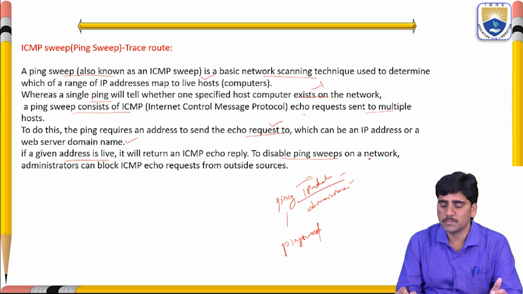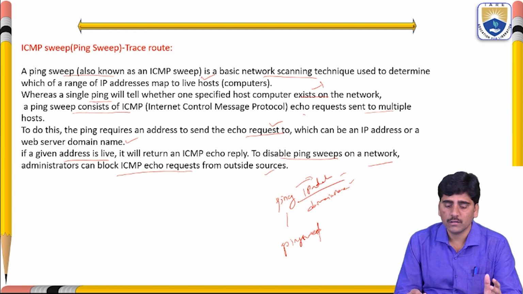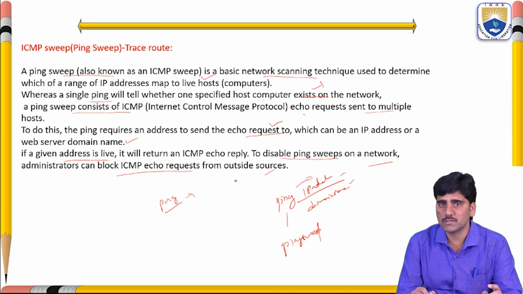To disable these ping sweeps on a network, administrators can block ICMP requests from outside sources. So from this slide, we have to understand that each single ping command communicates with one system connected to the network, but a ping sweep can take the replies from multiple hosts connected to the network.